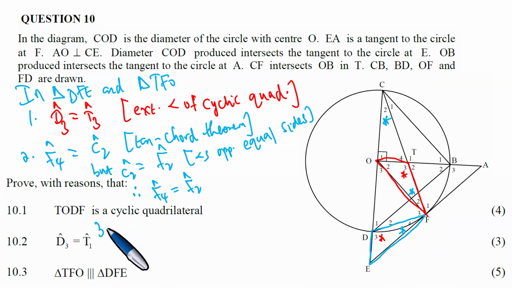So now, point number 3, you would therefore be in a position to see the third angle. So you would have the angle E equal to the angle O2, because the red is equal to red, the blue is the blue, so E and O2 are the ones that are left, so E is equal to O2, third angle of triangle.